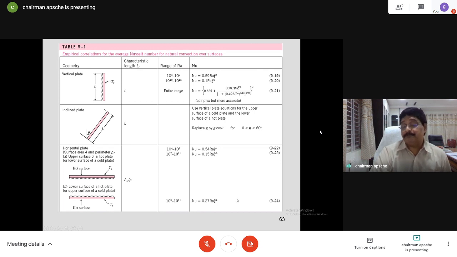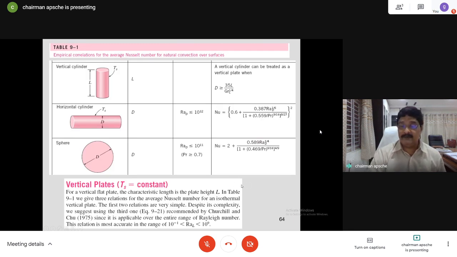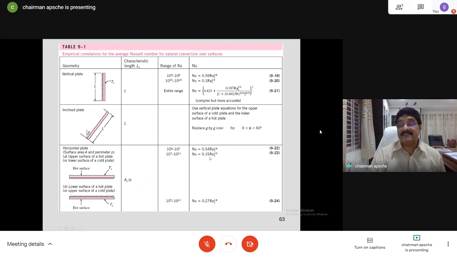So the second condition is unfavorable, both on top side as well as bottom side. The first side is highly favorable. Don't get confused. The other equation is Nusselt number equal to 0.15 Rayleigh power 1 by 3, not 1 by 4. So this constant is different because the power is different.